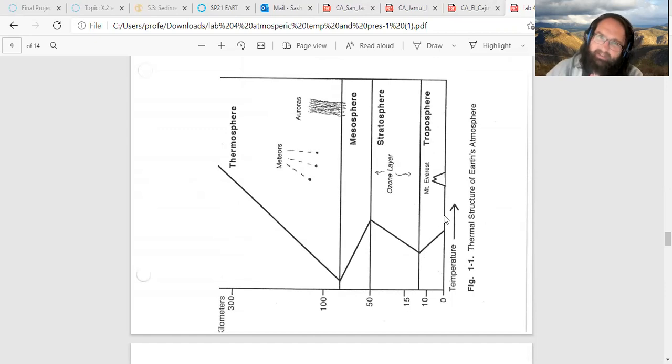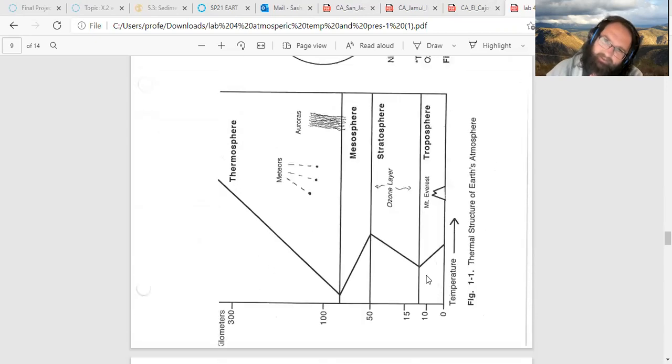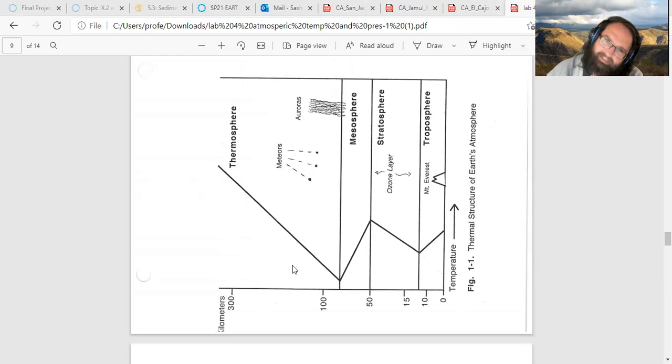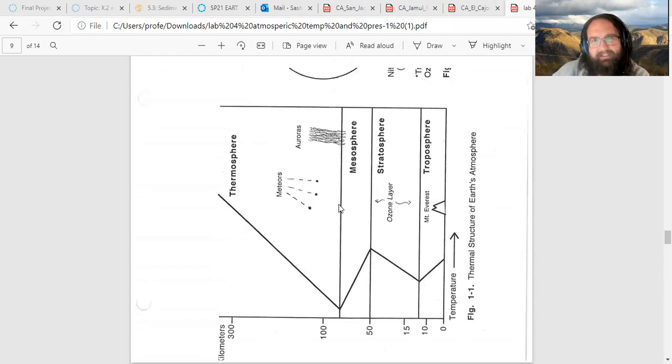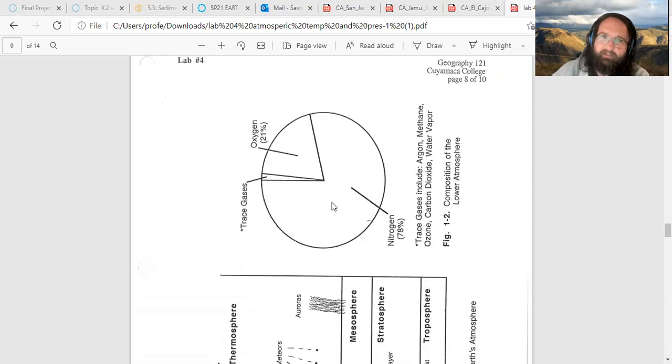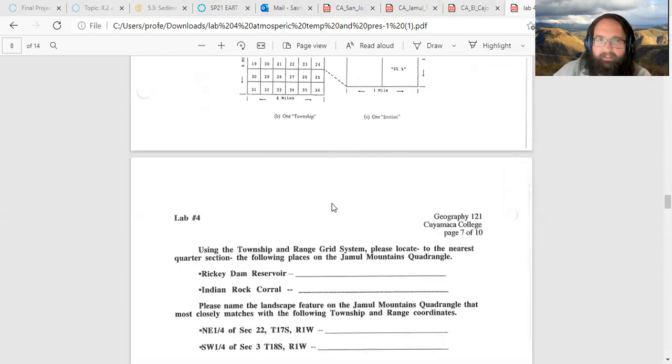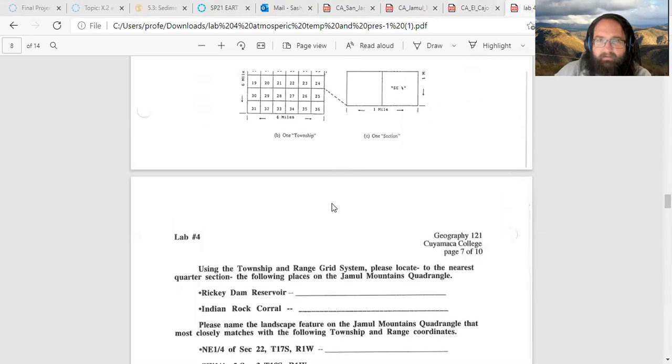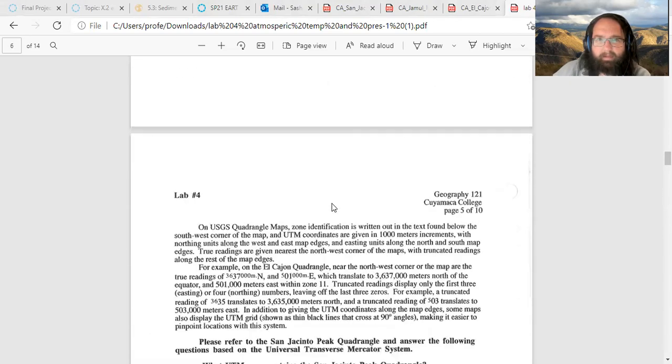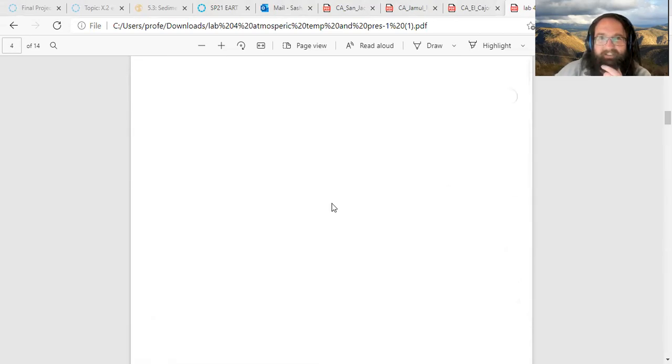And so you'll see here is a really interesting graph of temperature versus altitude. And you can see the various layers of our atmosphere in this. You can also see a makeup of the composition of the atmosphere.